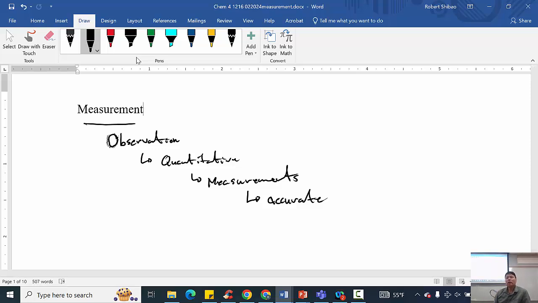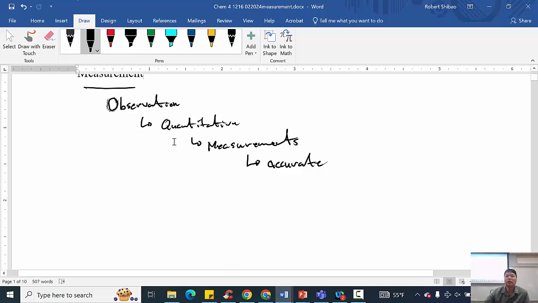Accuracy means you want something that is close to the true value. So let's say if something is 5 inches long, then an accurate measurement would be like, oh, you measured it at 5 inches long. An inaccurate measurement would be, let's say it was 4 inches rather than 5 inches. So you're off by an inch.